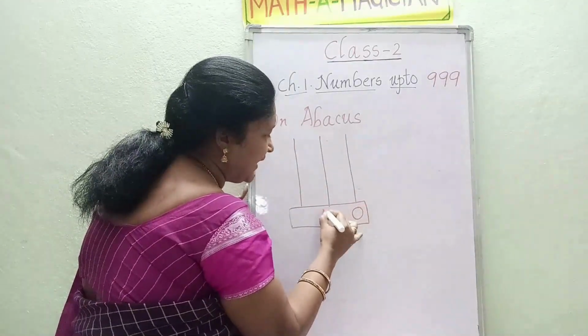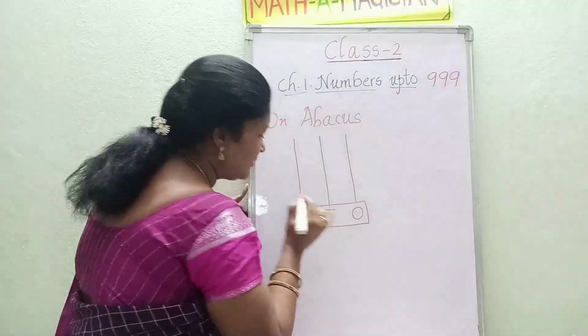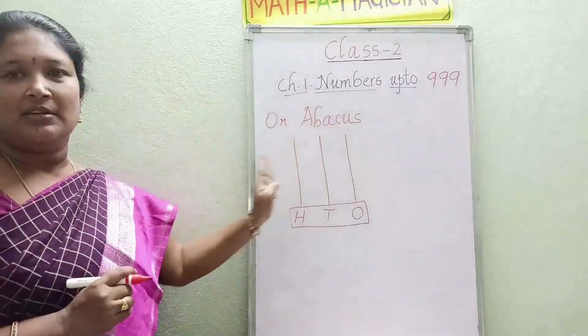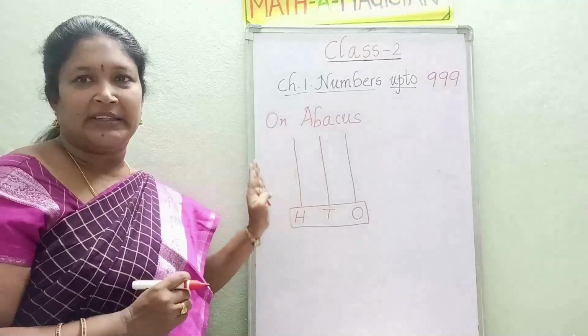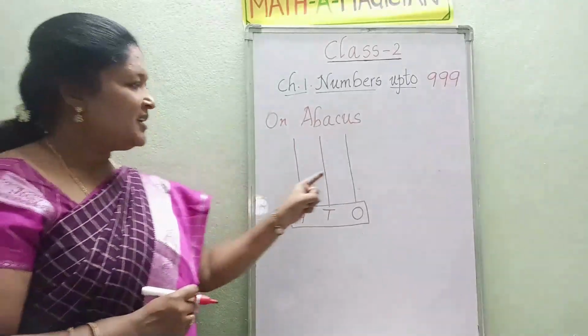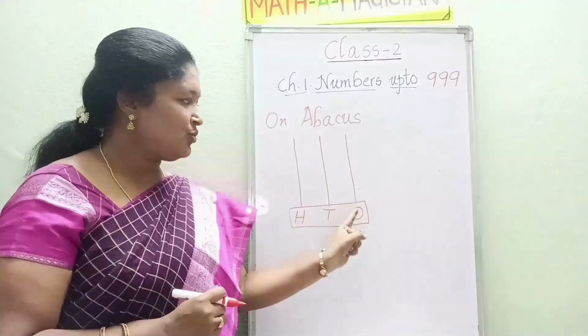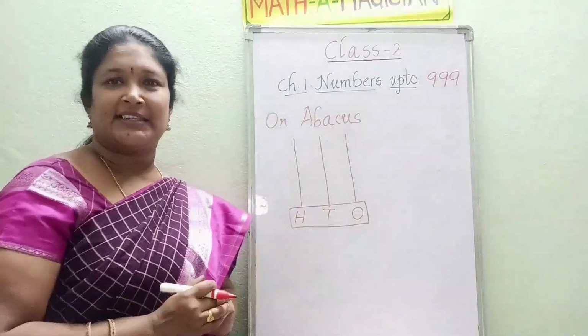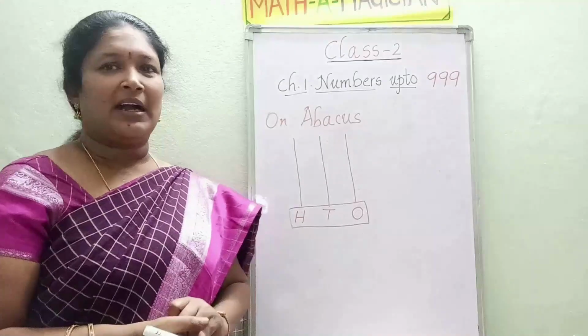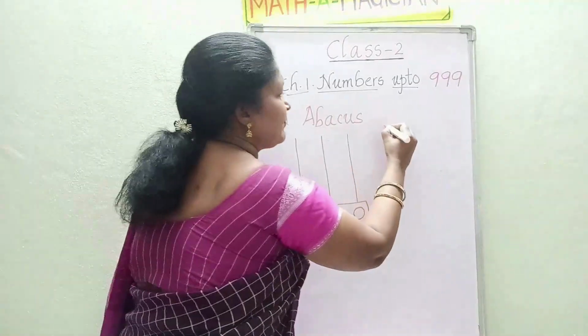Ones, tens, hundreds. How many place values are there? That many strings will be there on the abacus instrument. So here we have 3-digit numbers only in our class. So ones, tens, hundreds.